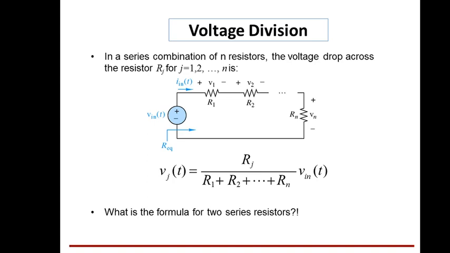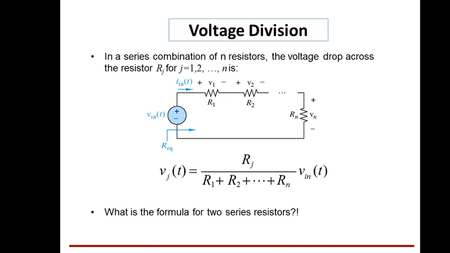In general, if you take V j of t, for example j equal to 1, V1 is equal to R1 by the sum of all, that is the total R equivalent, R1 by R equivalent into V in. If you want V2, the voltage across R2, then V2 equals R2 into V in by R equivalent.